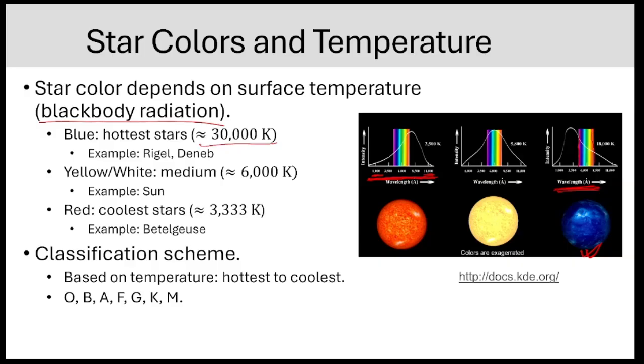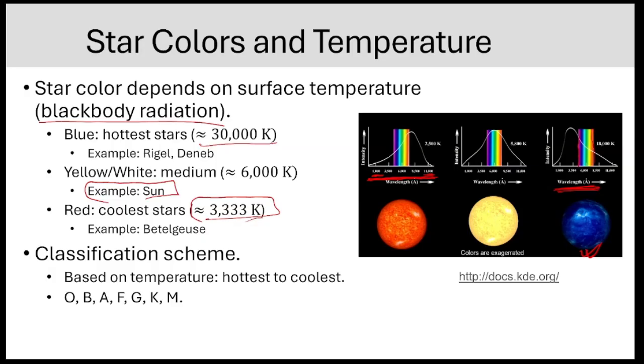And yellow or white stars are medium temperature stars. For example, the sun is a medium star, and the surface temperature of the sun is around 6000 Kelvin. And then the red stars are the coolest stars, and the approximate temperature of a red star is around 3333 Kelvin.